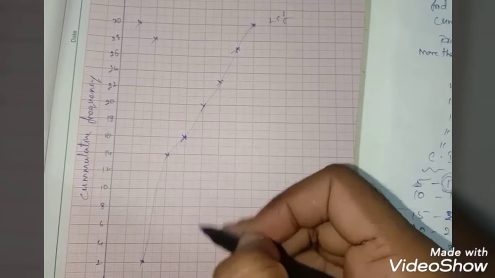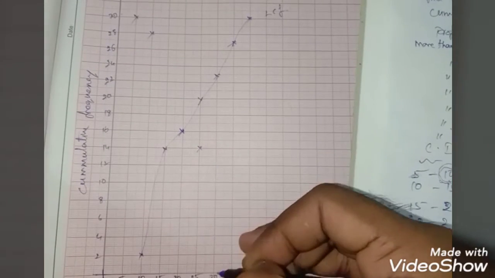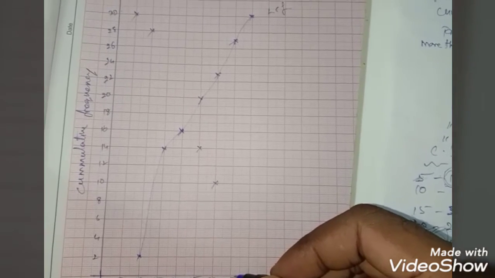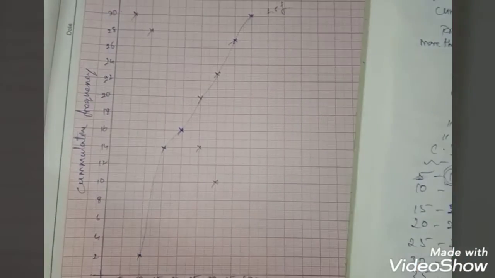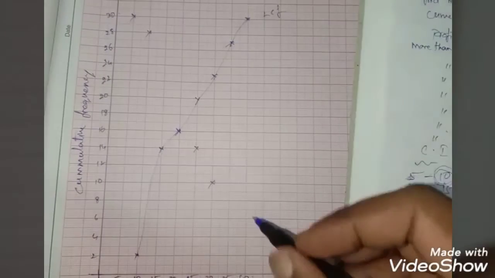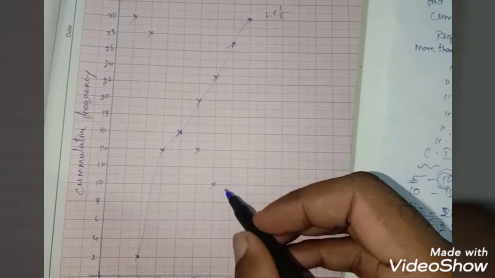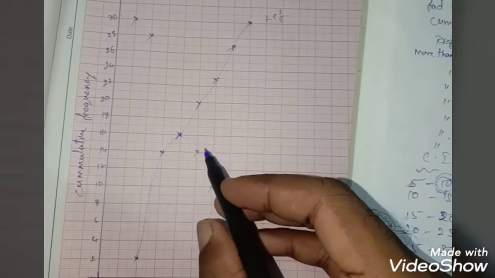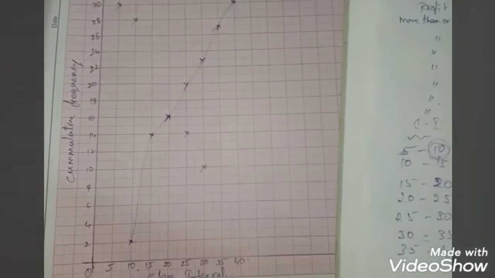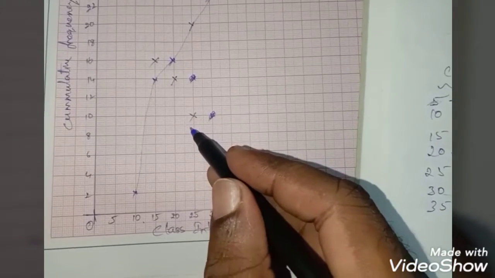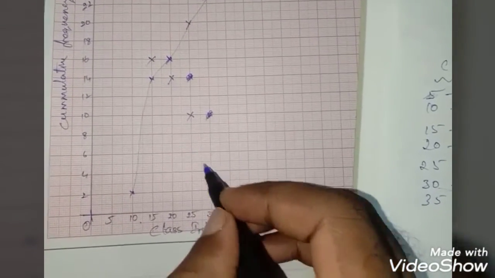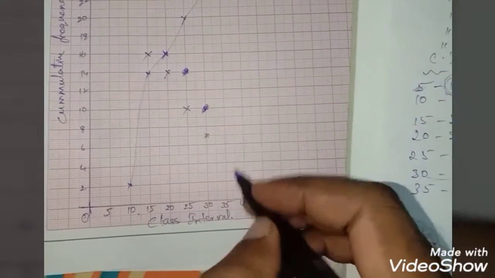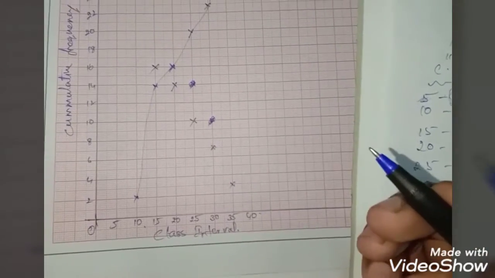For 20 the value is given as 14, for 25 it is 10, for 30 it is 7, which is in between 6 and 8, and for 35 it is 3, in between 4 and 2.